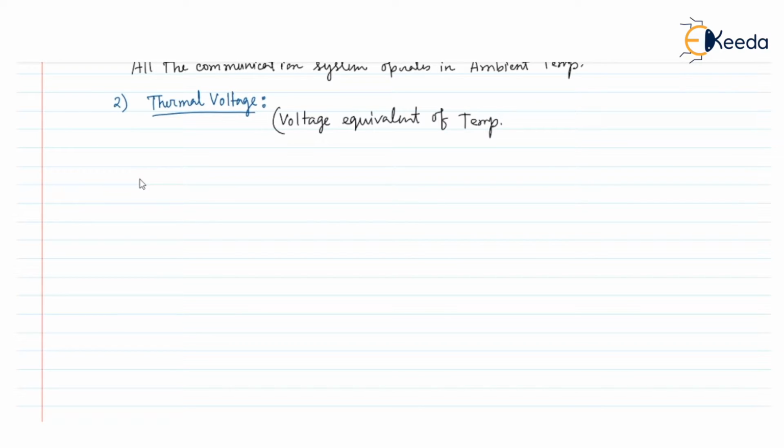So what do we mean by this voltage equivalent of temperature? It means, suppose we have a device. Let us consider that this is a semiconductor device, and this one is the input port, and this is the output port.